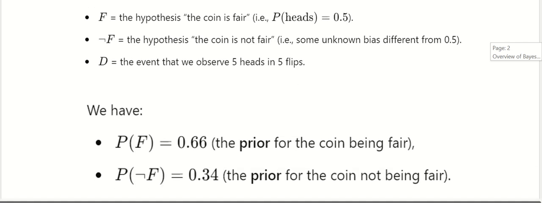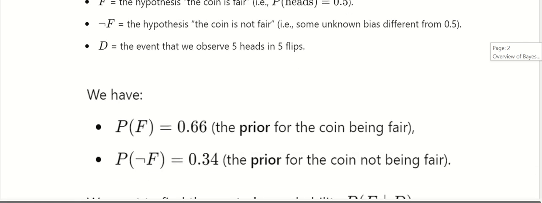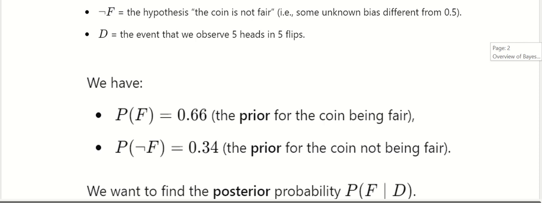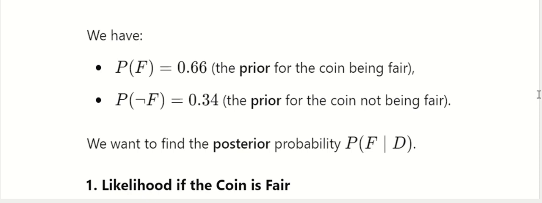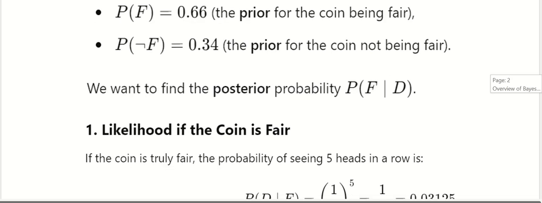We have the probability of fairness, which is the initial belief, given as 0.66, and the probability that it's not fair is 0.34. And we want to find the posterior, which means after this experiment of flipping the coin 5 times, we want to see whether our initial belief is right or wrong, and what the better picture will be after this experiment.